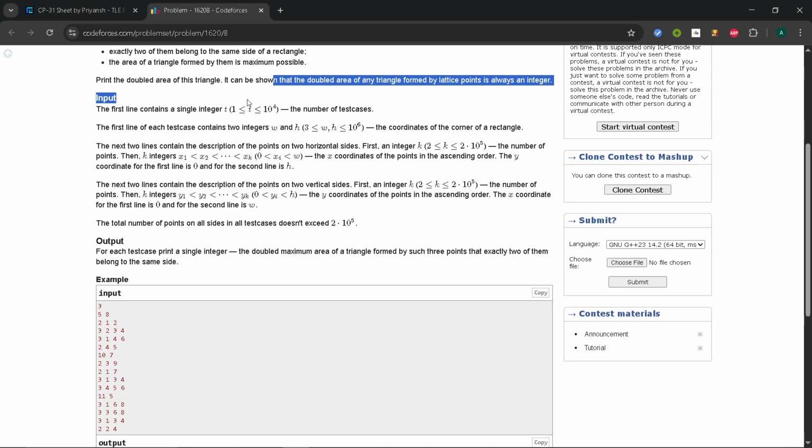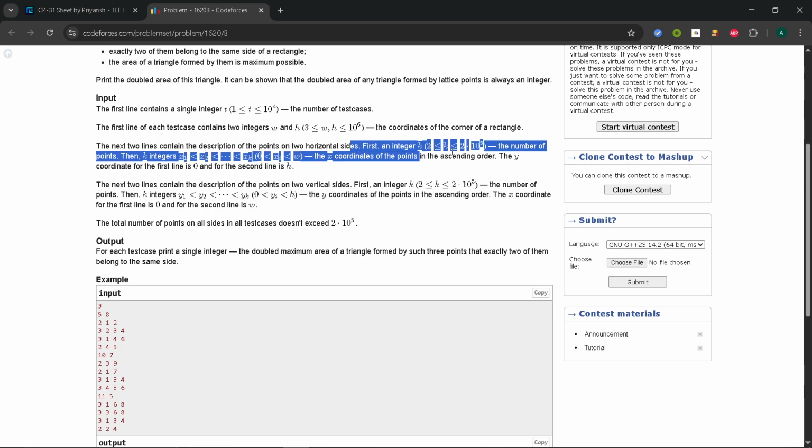That's quite obvious. And this is the number of test cases, W and H. Then first it contains the number of points, and then it contains k integers. The next two lines contain the description of points on horizontal sides, and then the description of the points on the two vertical sides.